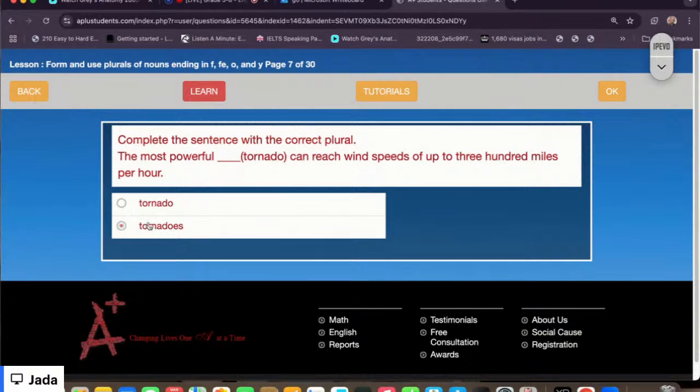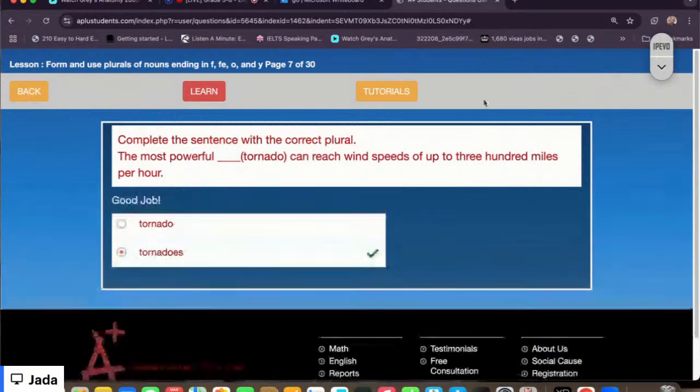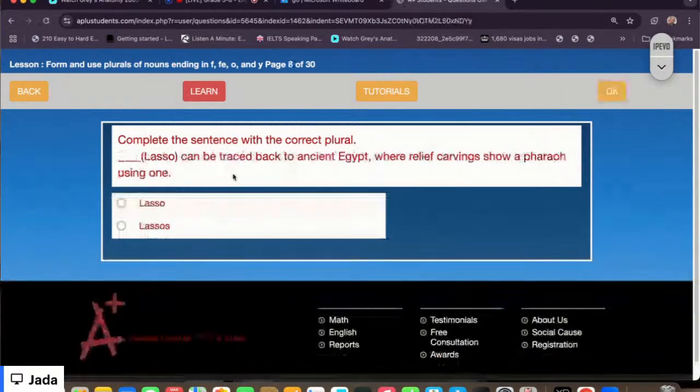So, tornadoes with ES. Lasso can be traced back to ancient Egypt, where relief carvings show a pharaoh using one.